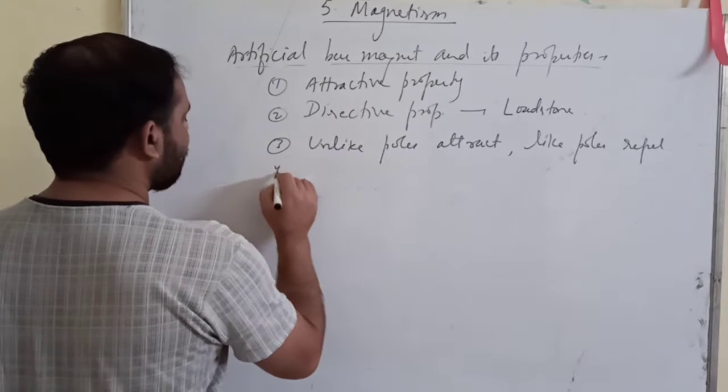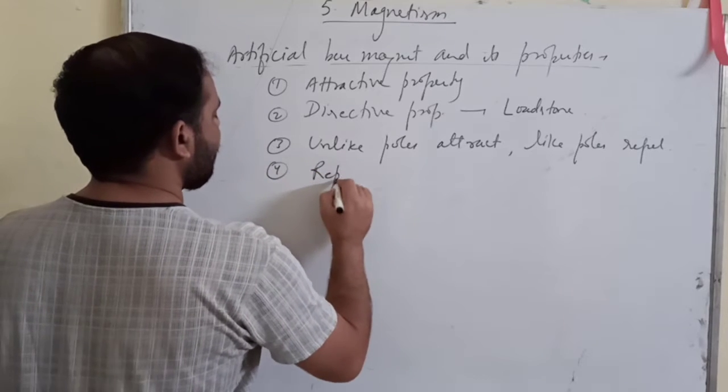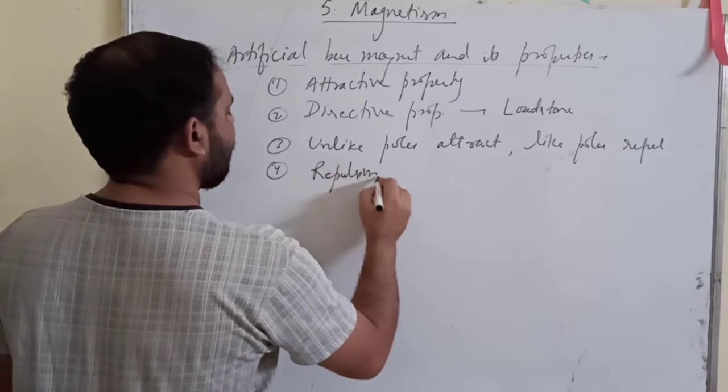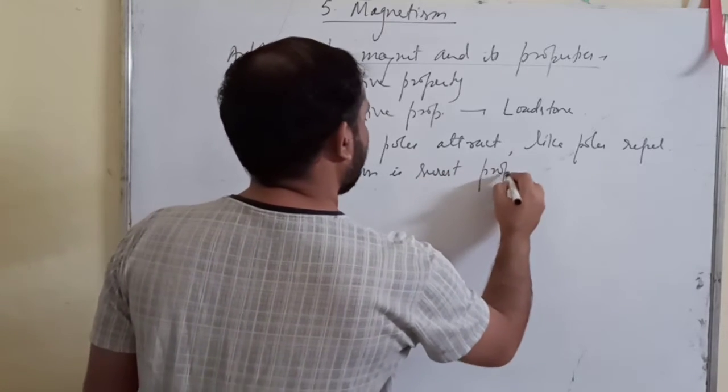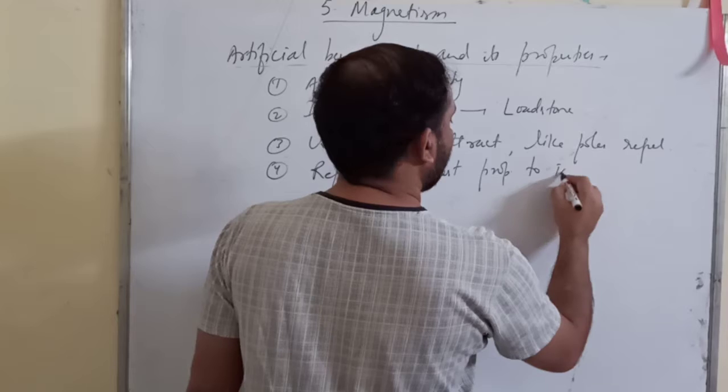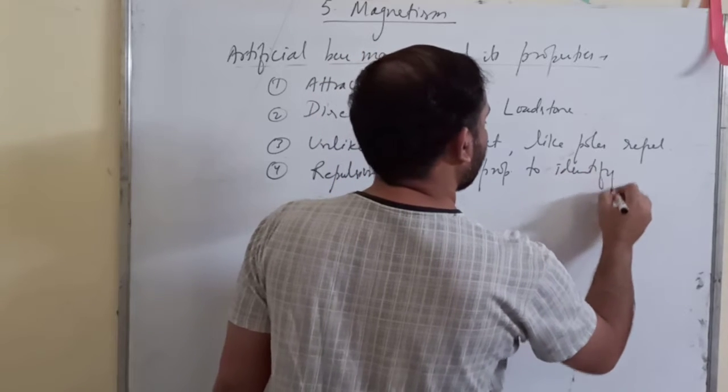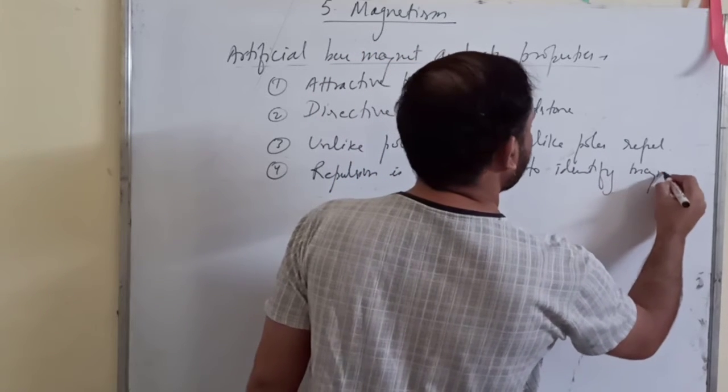Fourth, repulsion is the surest property to identify a bar magnet.